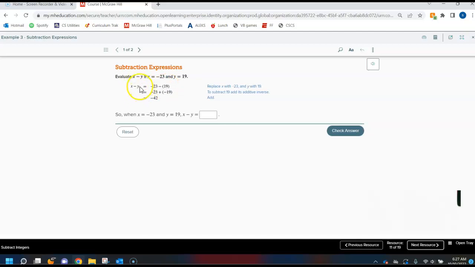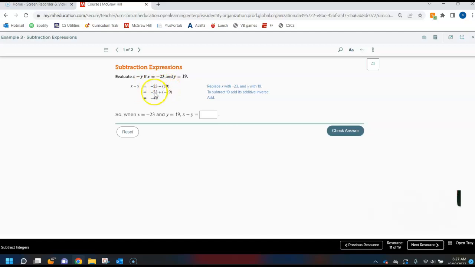Anytime you put a number in place of a variable, it's a good idea to use parentheses. I even like to use parentheses around the x as well, especially when you're working with negatives. But now we have negative 23 minus 19. So just replacing x with this and y with this. So negative 23 minus 19.